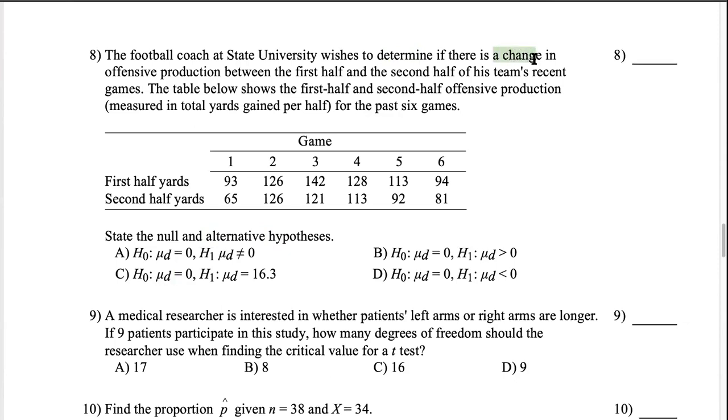If there's a change, do they say it's higher or lower? No, they didn't say that. Did they say the first half is higher or lower? No, they did not say that. It should be not equal to 0. Follow me, everybody? The other one's not right.